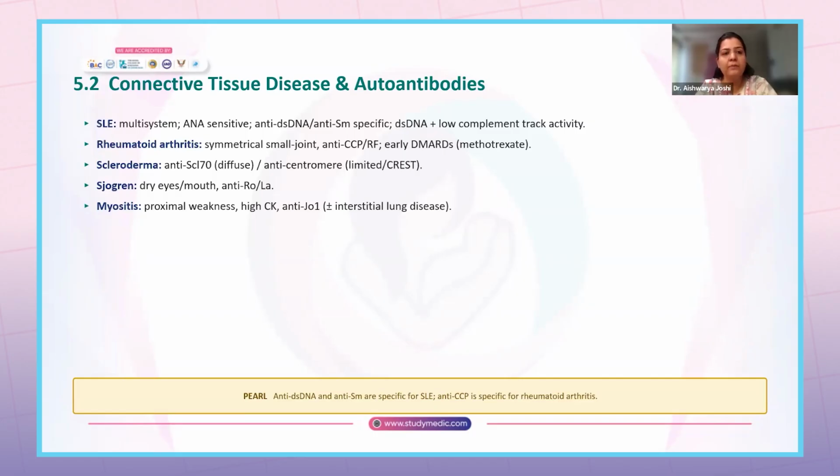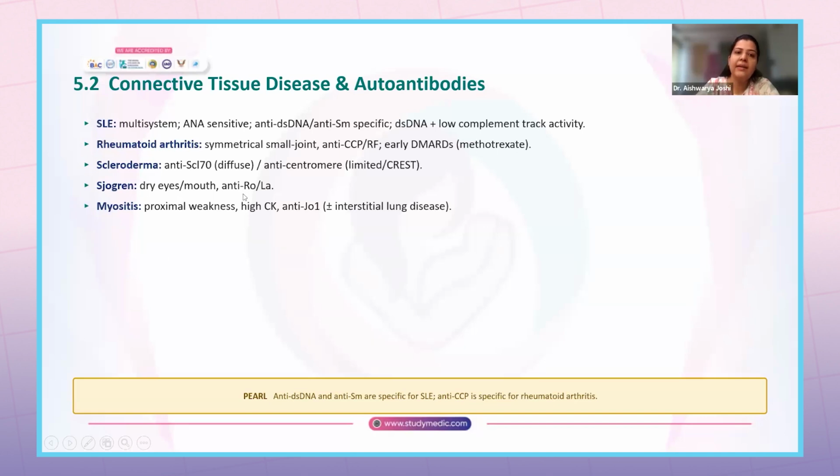Scleroderma, as the name suggests, thickening of the skin. There are two types of antibodies. Anti-Scl70, which is systemic sclerosis. Anti-centromere, which is limited systemic or even in CREST.